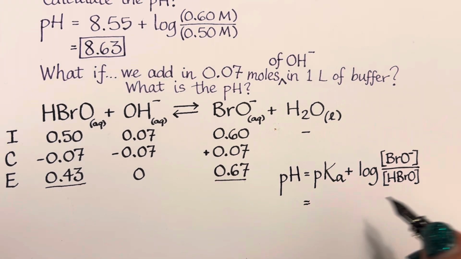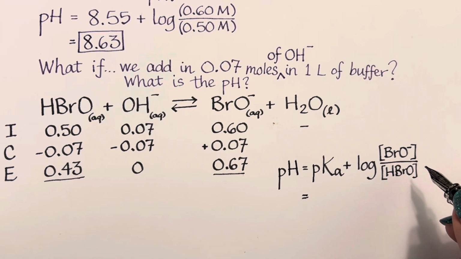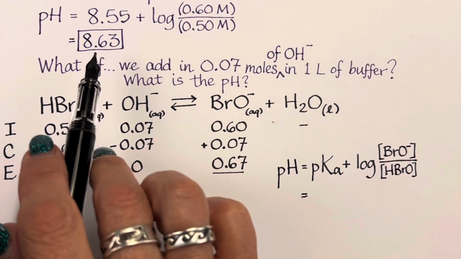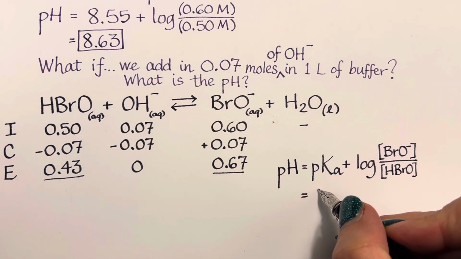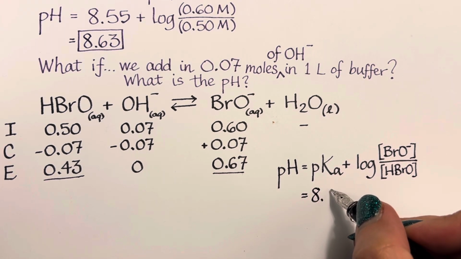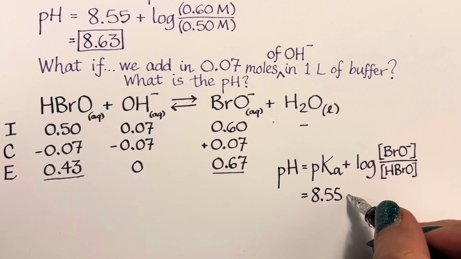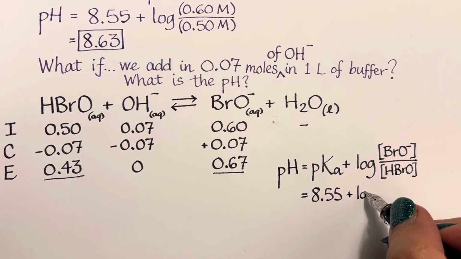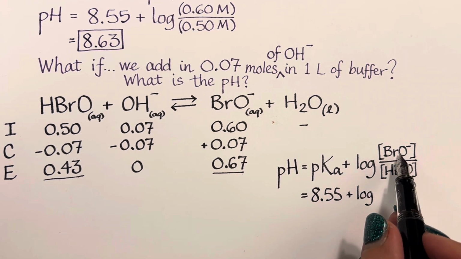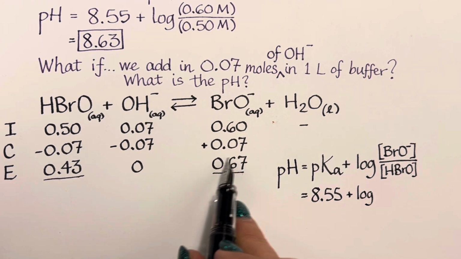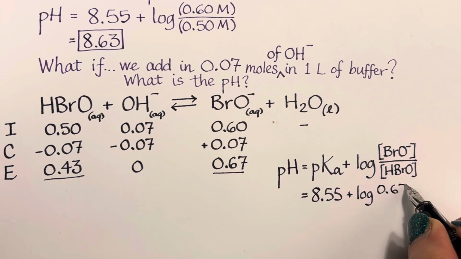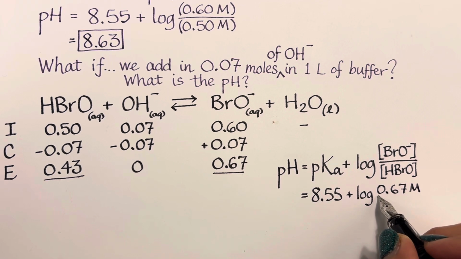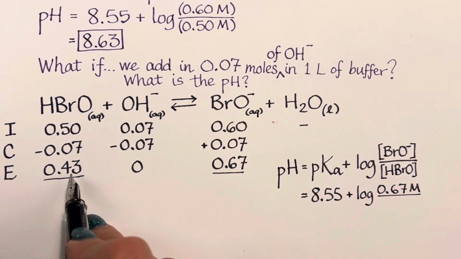And when we put in our values, we use that same pK value that we used above, the 8.55 we already calculated. Now we have log BrO minus 0.67 molar divided by 0.47.